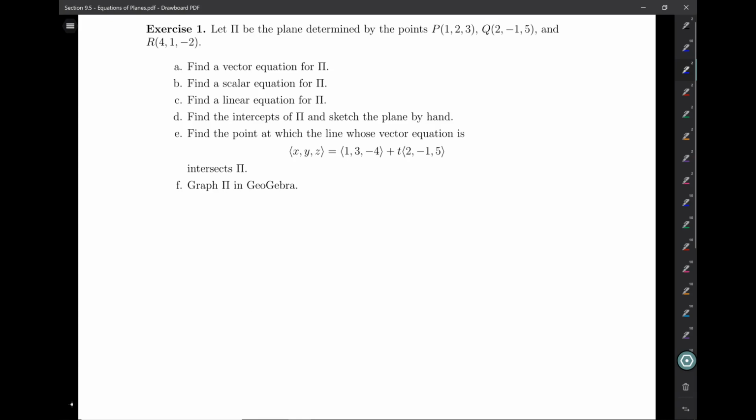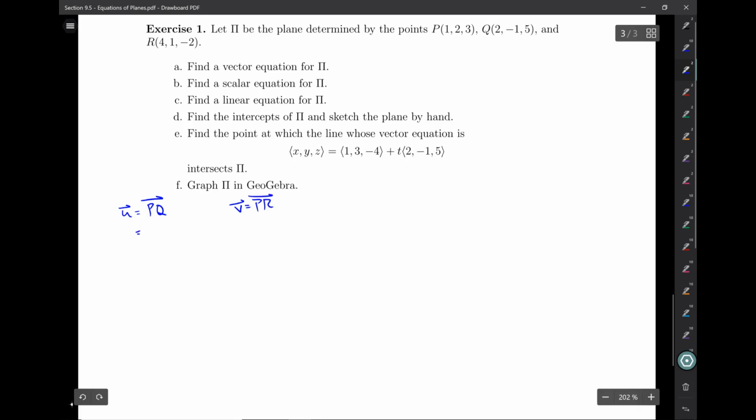So we have 3 points, P, Q, and R, so let's come up with 2 vectors. Let's let U be the vector PQ, and let's let V be the vector PR.